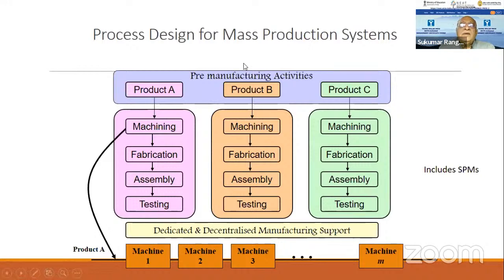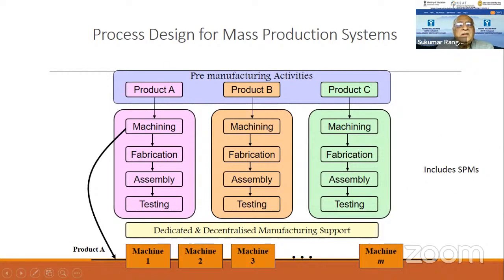This is an example of a process design for mass manufacturing. In this, the machinery used today, of course, in most of them earlier, it is not simple. They are all what we call SPMs, or special purpose machines.